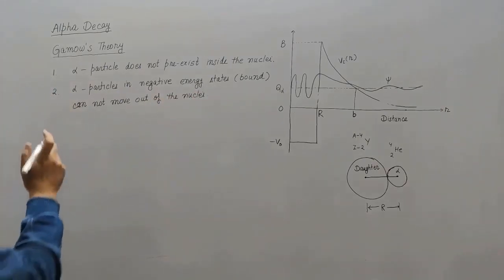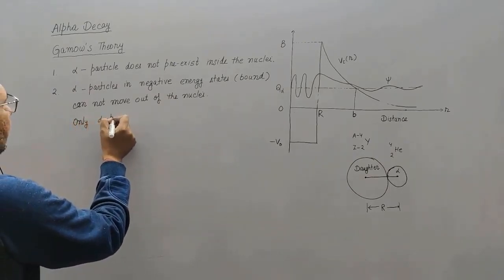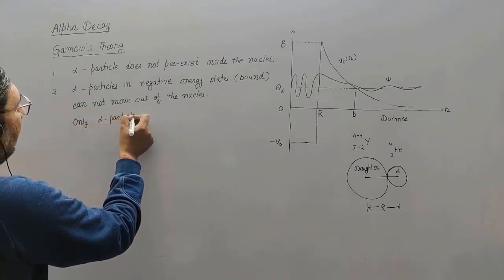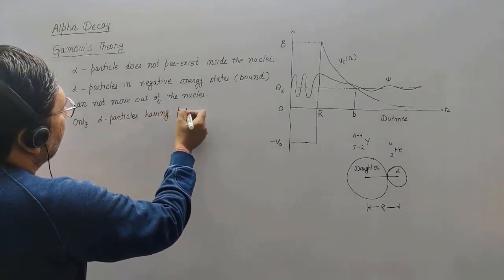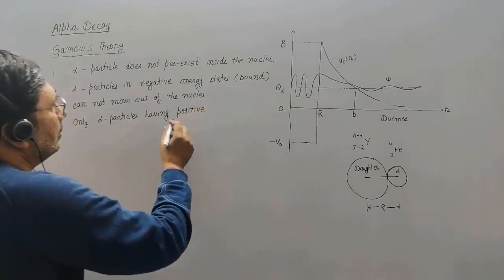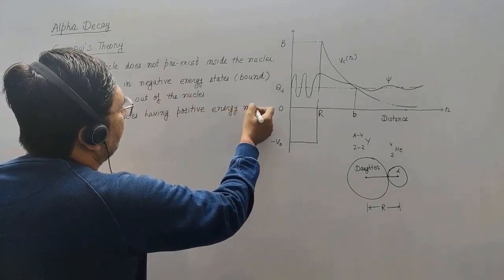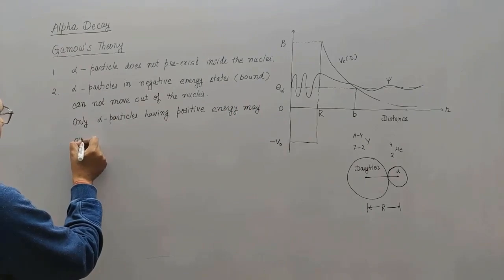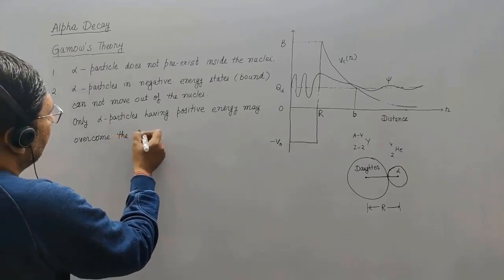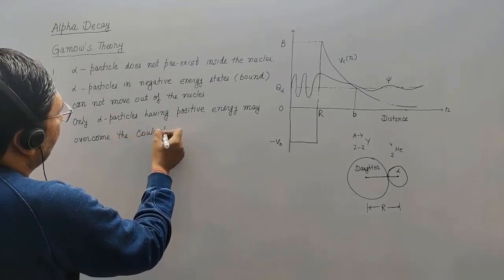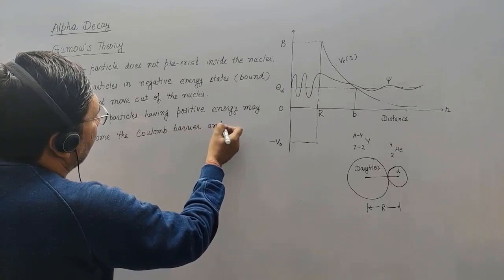What he was saying, that only alpha particles having positive energy may overcome the Coulomb barrier and come out of the nuclei.